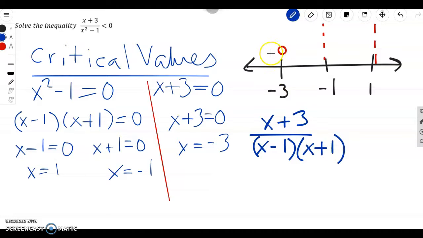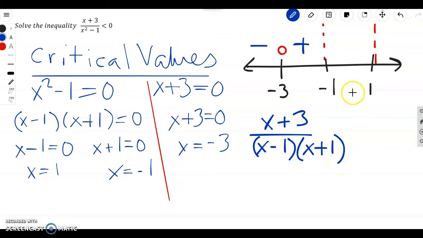And then we just pick values from each of the four regions, and we're going to see, is this going to give us a positive value for our interval or a negative value? Alright, so if I picked, let's say, -5, that would make this negative, and this negative. If all three are negative, it's negative. If I pick -2, that would make this positive, negative, negative. Just going to give us a positive.